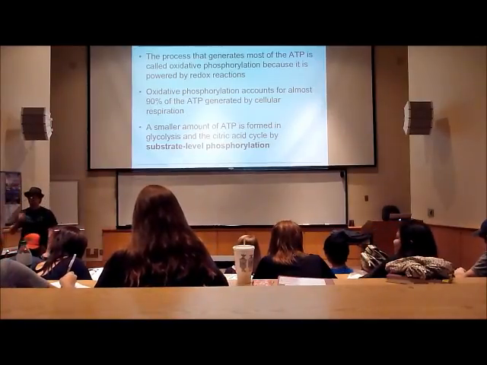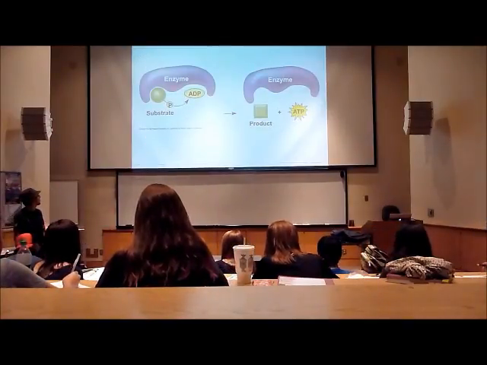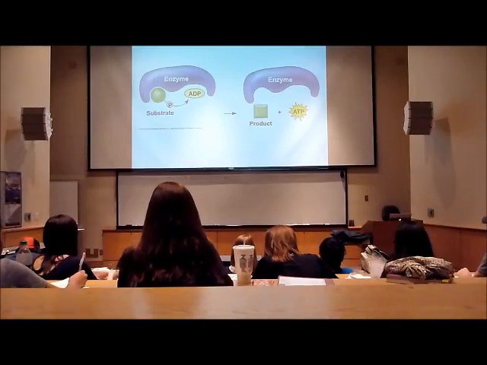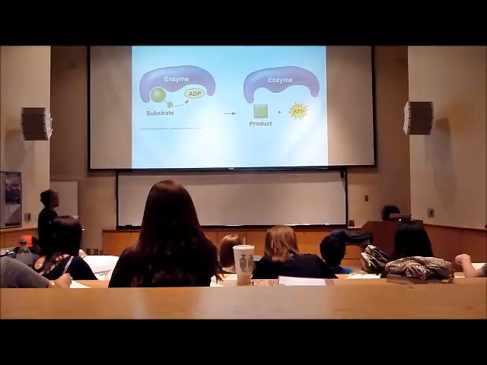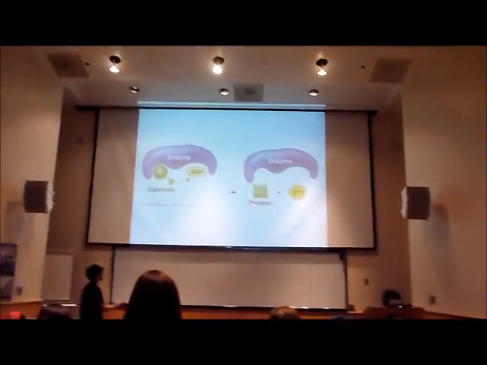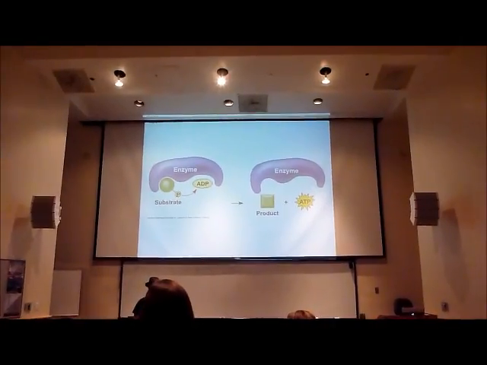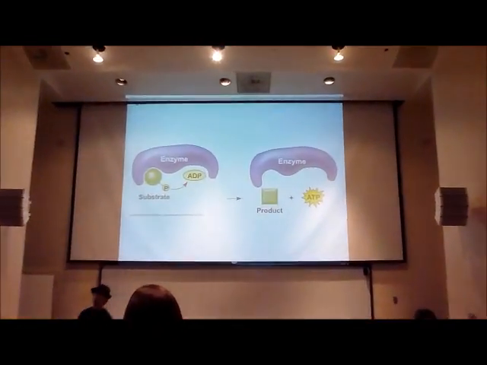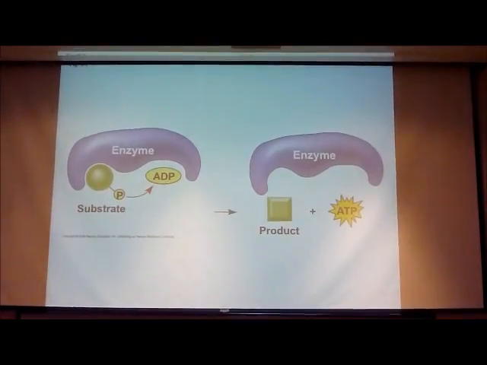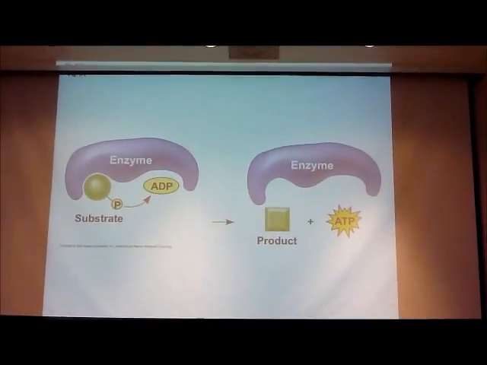The way substrate level phosphorylation works is you have a substrate that has previously been phosphorylated. You're going to use that phosphate to phosphorylate a molecule of ADP, which then leaves you with a product and a molecule of ATP. Seems simple enough. The problem is, most of the time, this substrate has to be phosphorylated by using ATP initially.